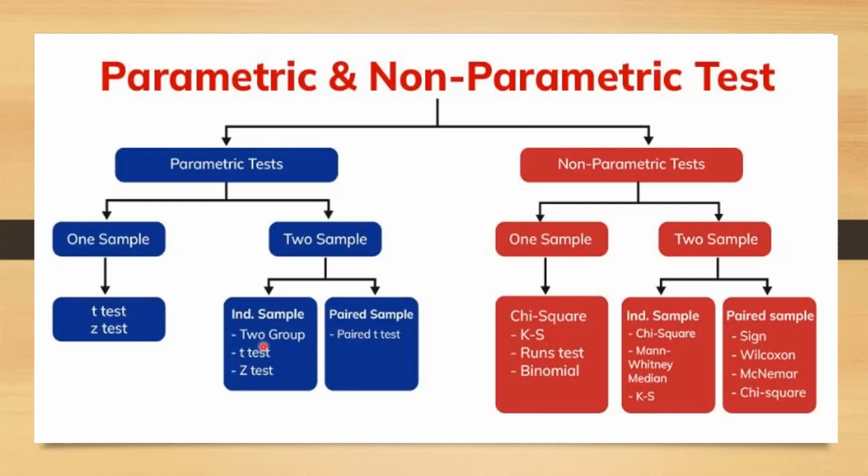But the paired type or the dependent 2 sample type is when you have just a group and you want to know the implication of an intervention on that group. Maybe you want to know the impact of treating them with cocaine. Before you gave them cocaine, you collected their IQ.